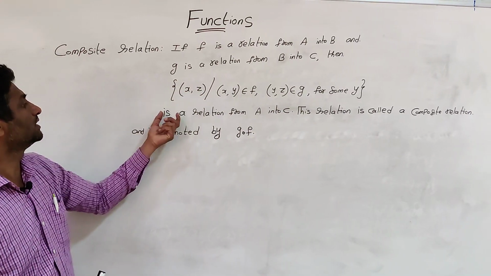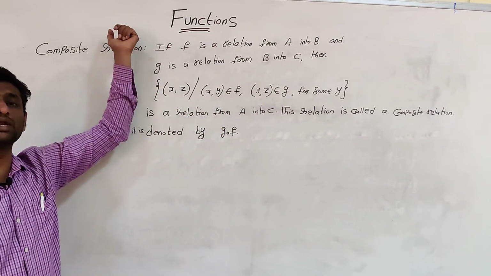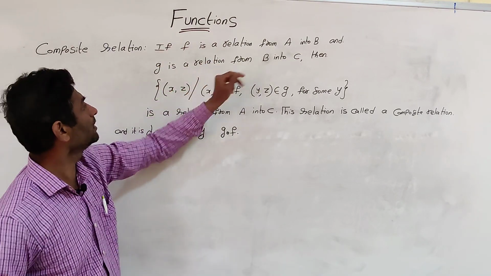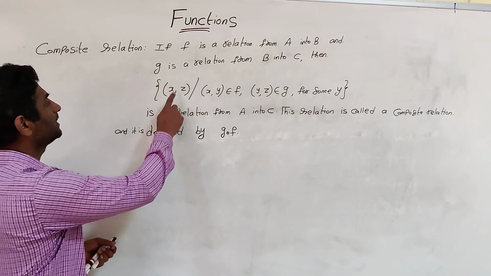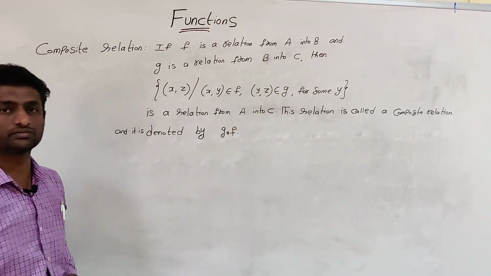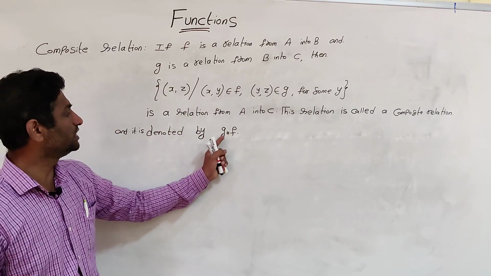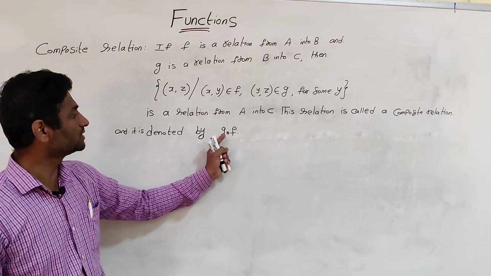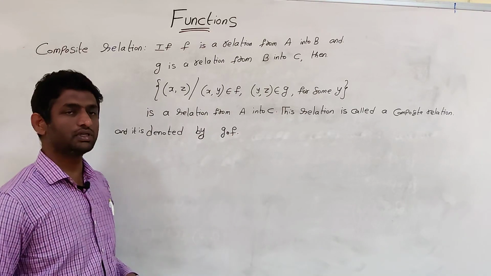That list is a relation from A into C, where x is the first component from set A and z is the second component from set C. So this relation is called the composite relation, and it is denoted by G compose F or G circle F. It is read as G compose F or G circle F. For a small example, we'll see.